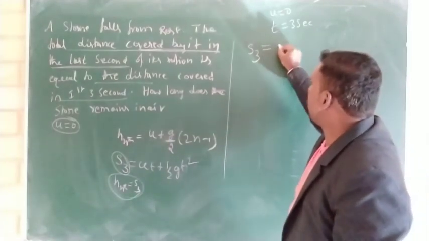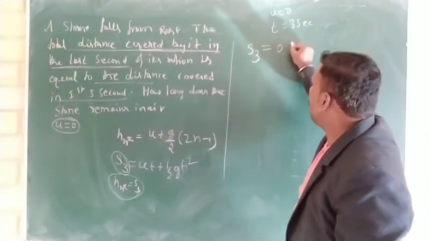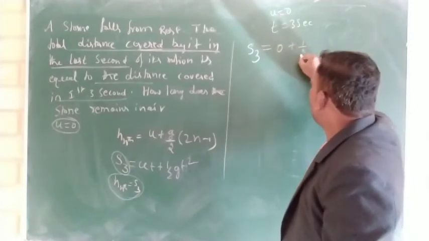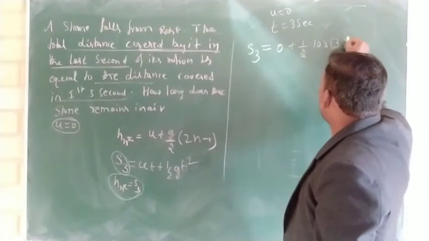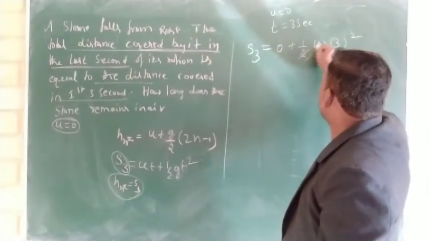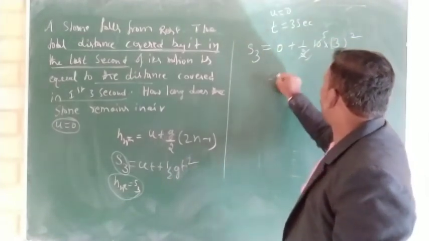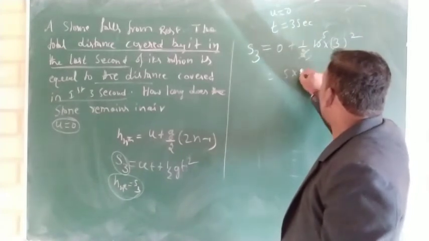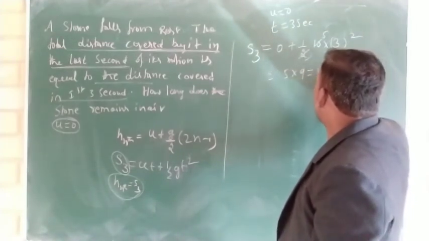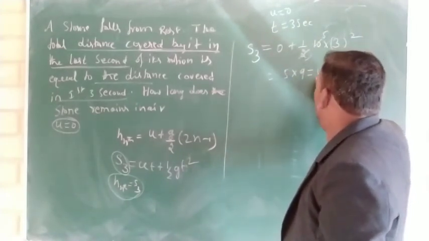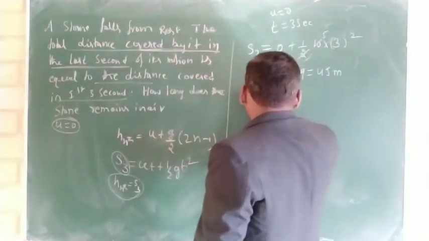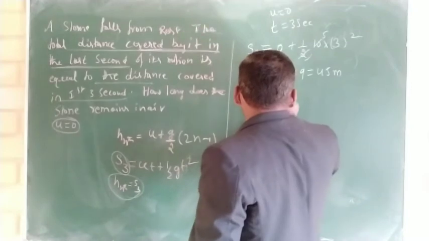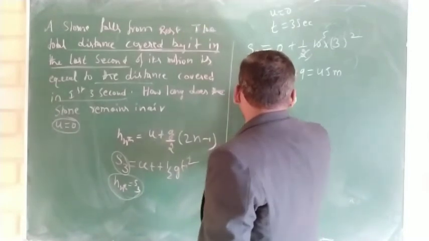Therefore, S3 is equal to ut, which becomes 0, plus 1 by 2 g, taking g as 10, into 3 square. 2 ones are 2, 5s. Therefore, 5 into 9 is equal to 45 meter. S3 is equal to 45 meter.